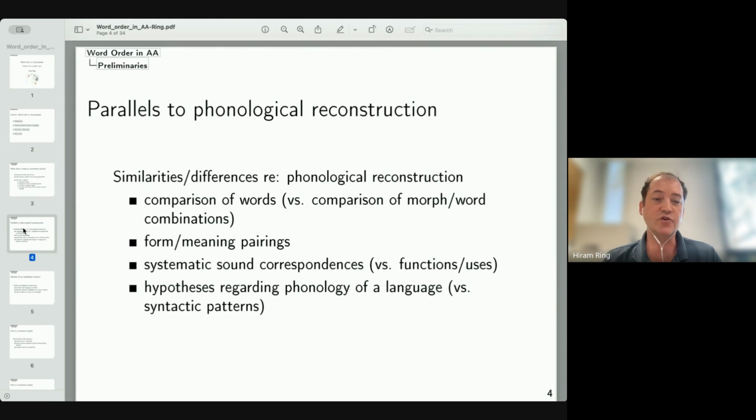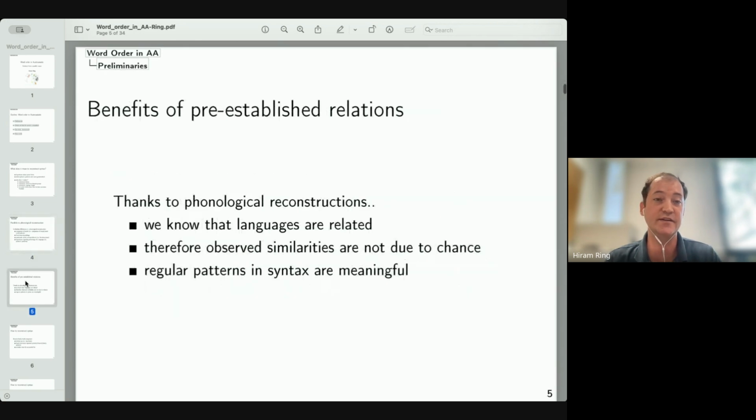With phonological reconstruction, we are reconstructing based on systematic sound correspondences versus the functions or the uses that you would find in syntactic constructions. In phonological reconstruction, we then can form hypotheses regarding the phonology of a language, whereas with syntax, we're looking at hypotheses regarding syntactic patterns or allowed syntactic patterns.